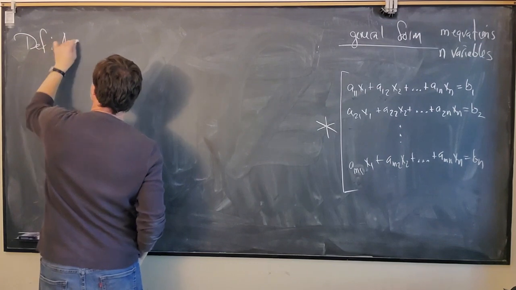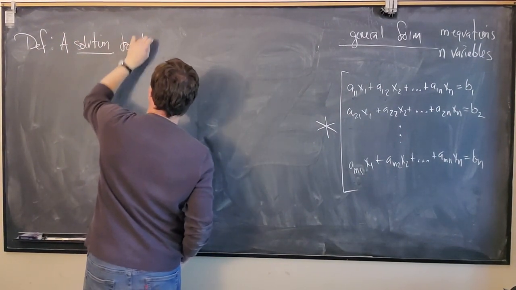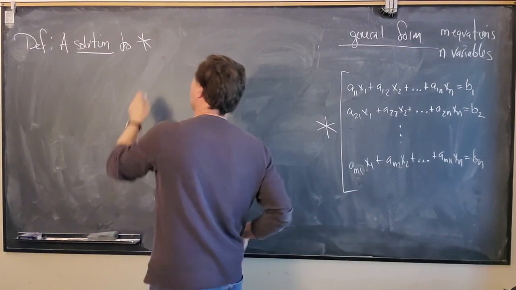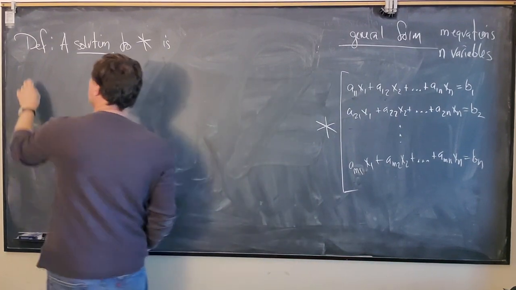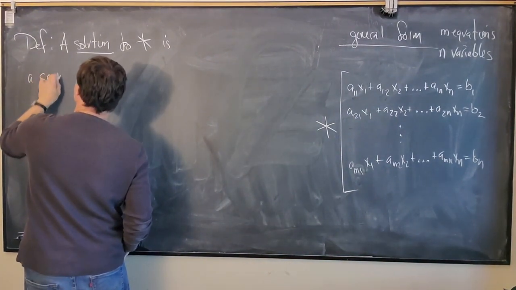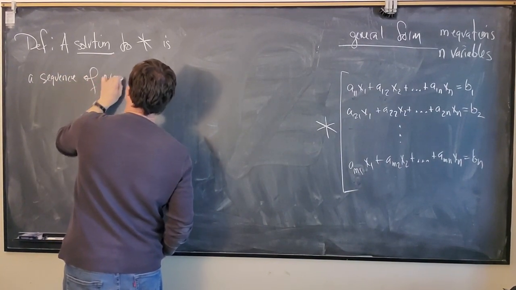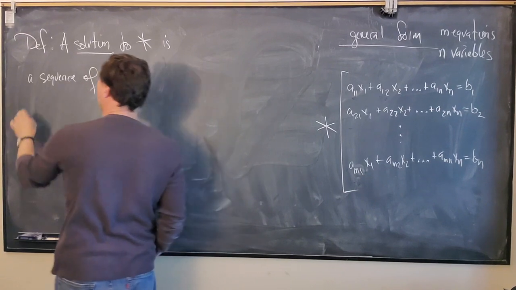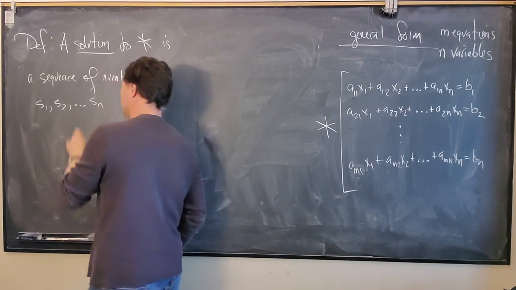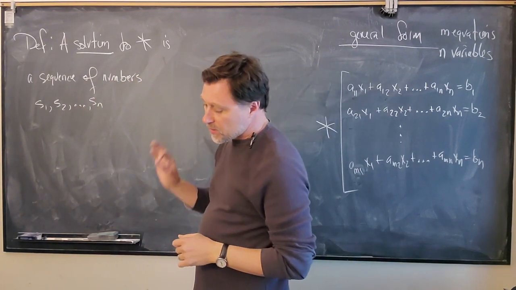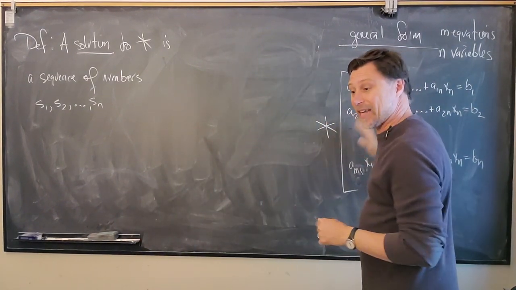A solution to star, to our linear system, is a sequence of numbers, let's say s1, s2, up to sn, so that when you substitute each of those si's in for the xi's, it satisfies the equation.